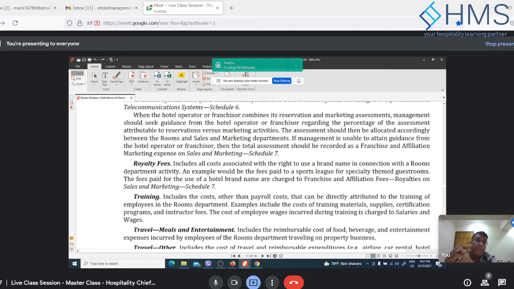And sometimes you are using, let's say, a Disney theme name for the hotel, and you are using a Disney character as a guest room name. So you may have to pay a fee to that particular brand name, or to Disney, or to anybody else, or if you're using a movie star name or something. So you may have to pay the fee to use that brand name in the rooms. So that fee will be counted as a royalty fee.